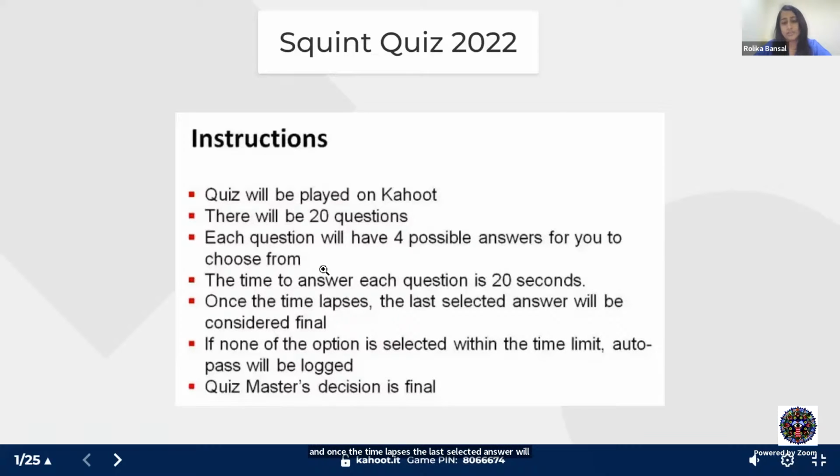I feel that once you click on the answer, it doesn't change, and if none of the options are selected, then it is automatically taken as the wrong answer, right? Awesome. Please make sure that you're prompt. Fastest fingers first with correct answers is the key. After every question, there will be a leaderboard, and Rajesh sir will also be discussing the answers with you all.